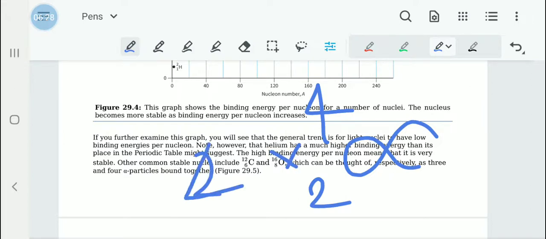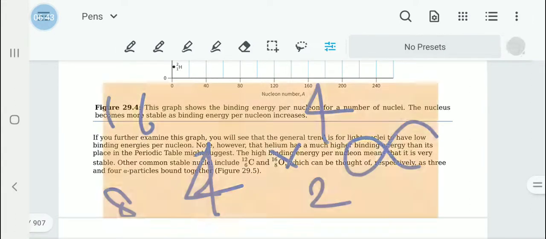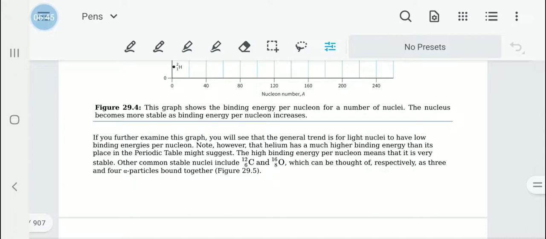Multiplied by 4 gives oxygen: 2 into 4 is 8, 4 into 4 is 16, so that is oxygen-16. Alpha into 3 is carbon-12. So we can think of them as 3 and 4 alpha particles bound together.